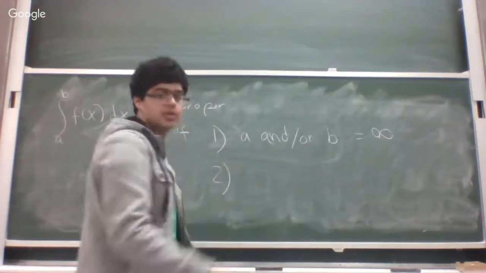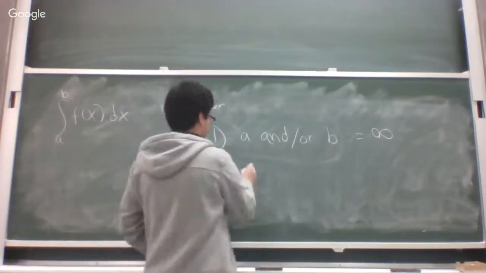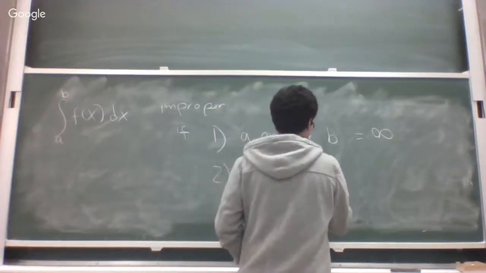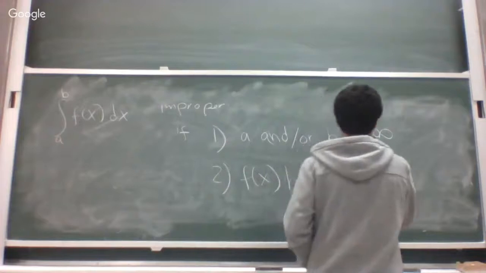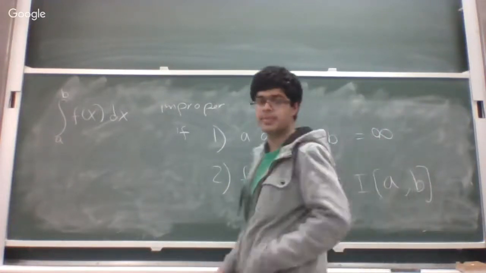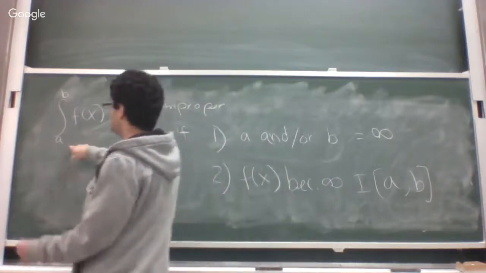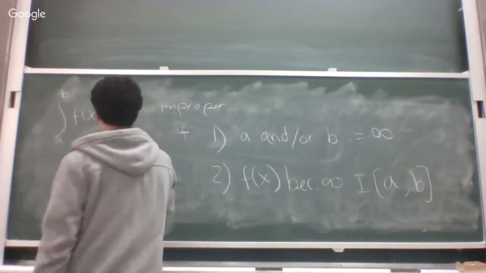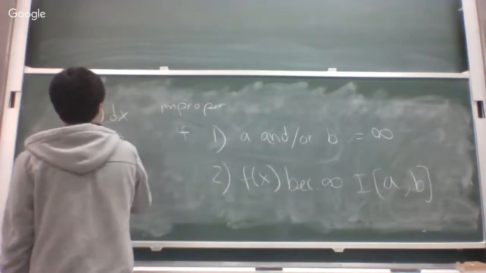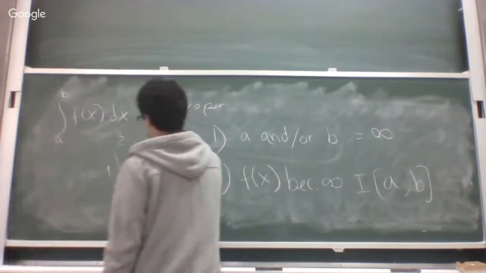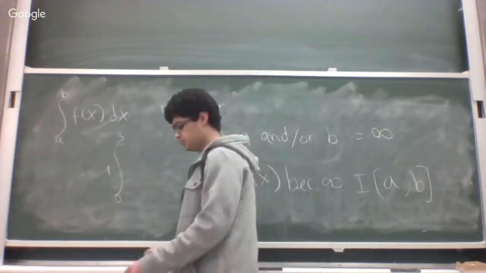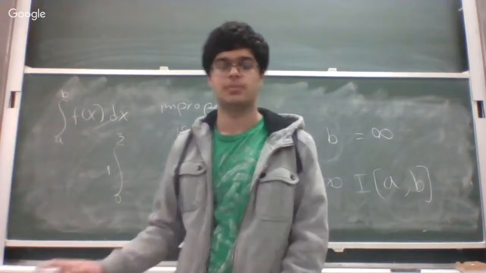And the second way is f of x becomes infinity while on the interval from a to b. So you could either have infinity at a or b, or say we're going from 0 to 3, and at 1, the function becomes infinity. So then you would have an improper integral.